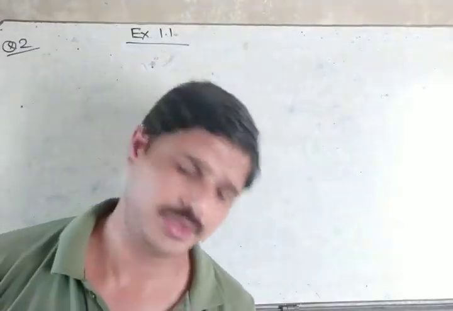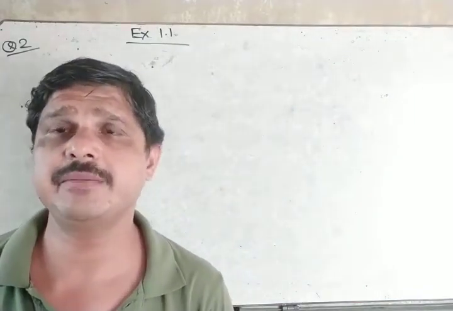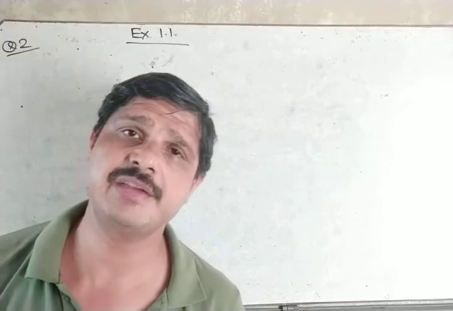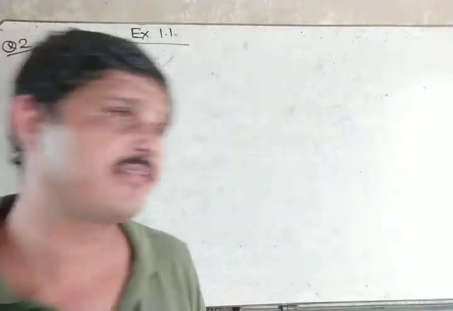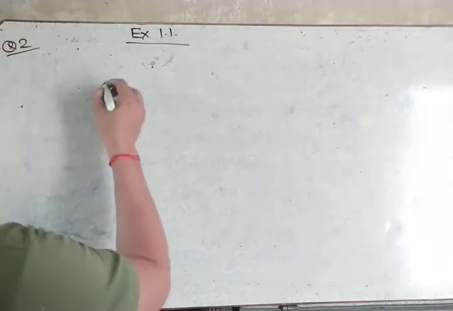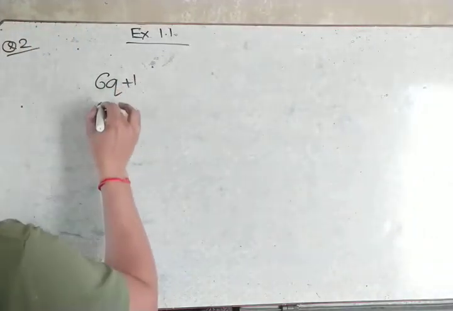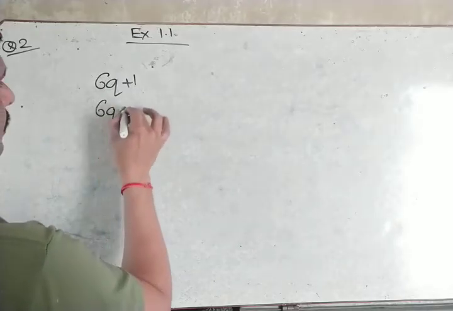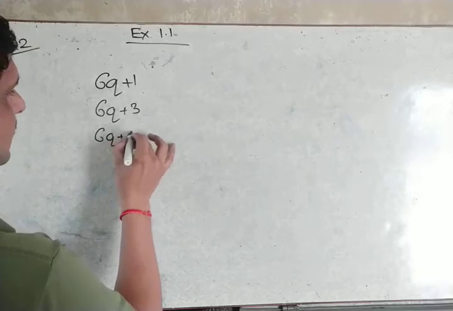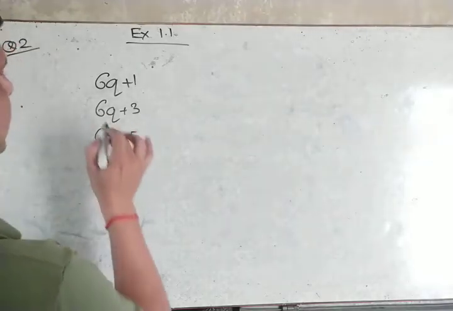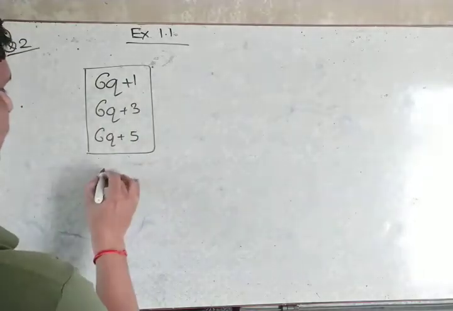So you have to show that any positive integer can be written in the form 6q plus 1, 6q plus 3, 6q plus 5, then it would be odd.